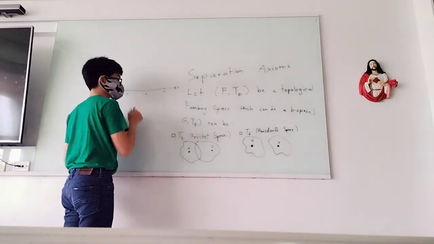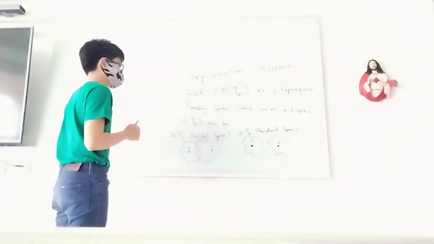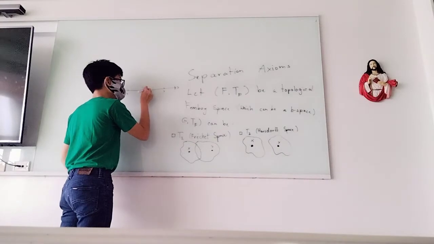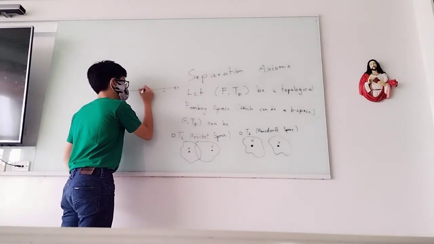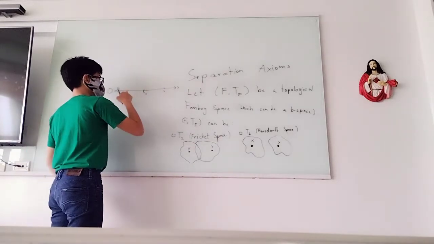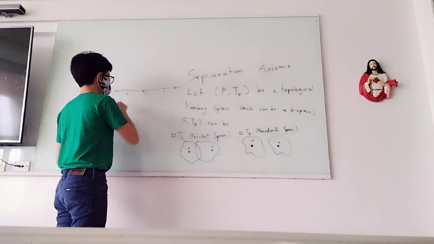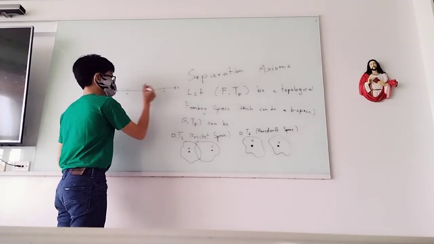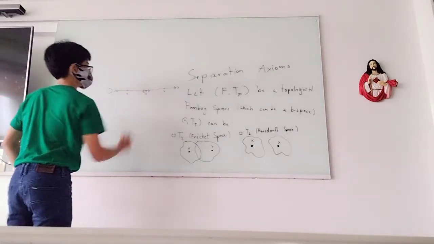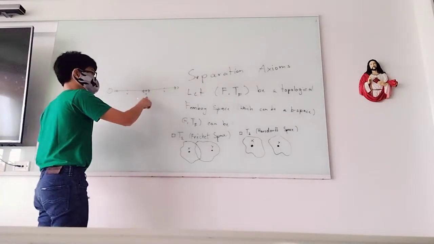To make sure that 0 is part of this open interval, let's extend it a bit, maybe to -1, just below 0. Actually, let's make it an open set after all. Then this time, let's extend this interval to just after 0, the origin. As you can see, now there is an intersection here.